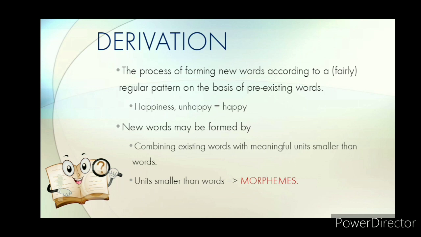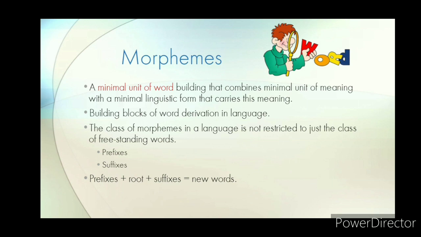New words may be formed by combining existing words with meaningful units that are smaller than words. These units that are smaller than words are called morphemes. Furthermore, a morpheme is a minimal unit of word building that combines a minimal unit of meaning with a minimal linguistic form that carries this meaning.